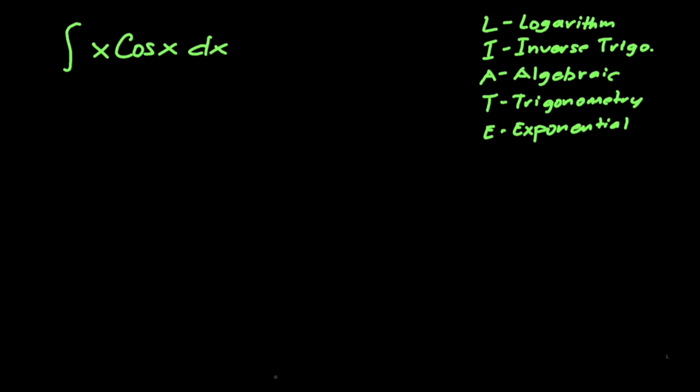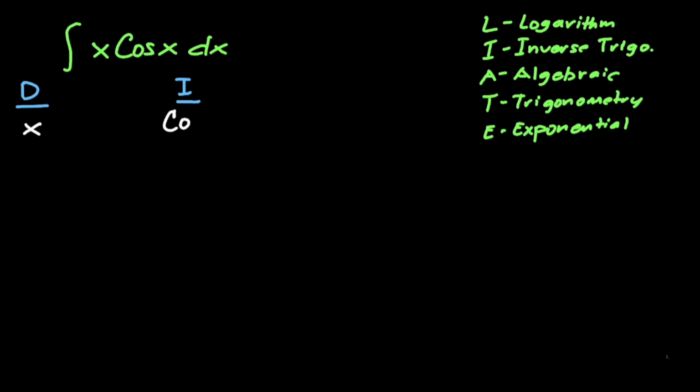The integral of x cosine of x dx. First, let's make our DI table. Now, what should be the priority under derivatives? There is no logarithm, there is no inverse trigonometric, but there is algebraic, which is x.